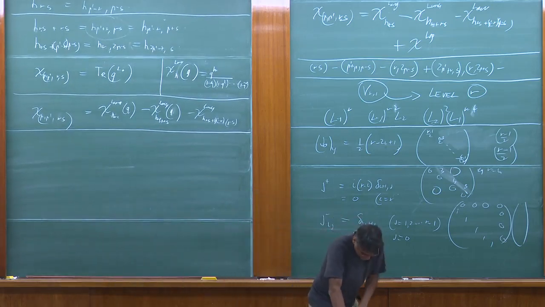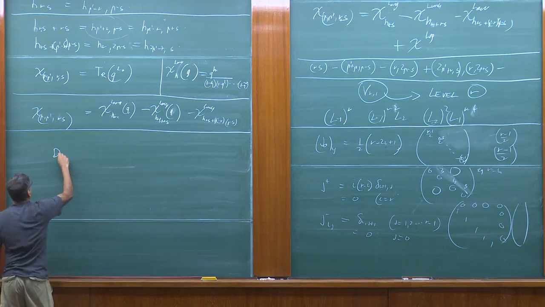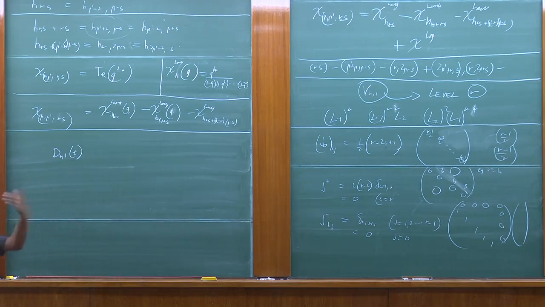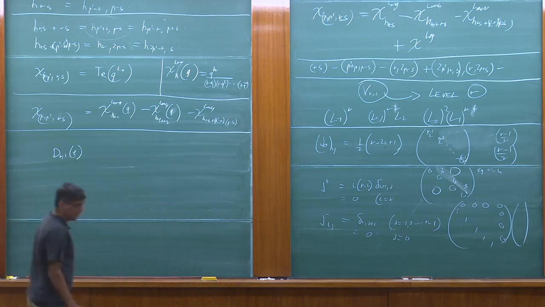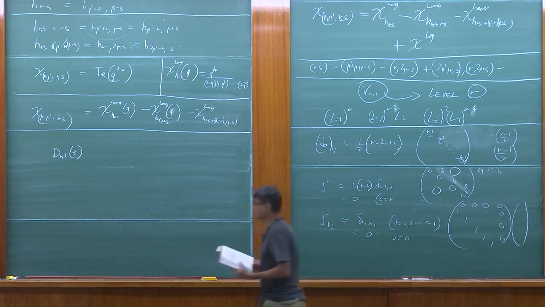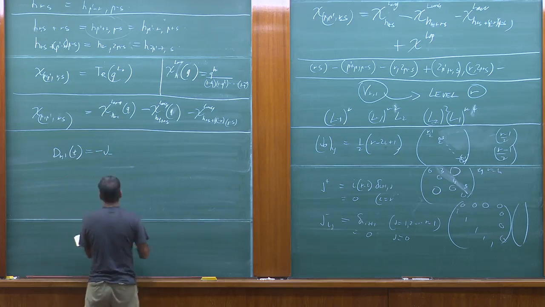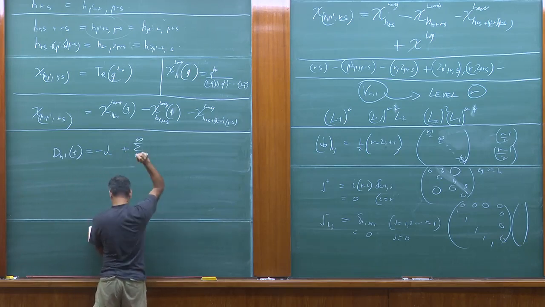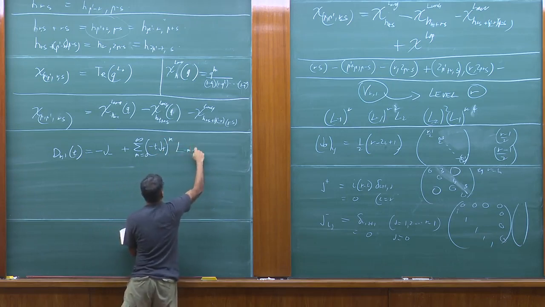With these matrices, we define the following thing. D R comma 1 of T, where T is the T from P prime by P. We define this to be minus J minus, plus the sum m equal to 0 to infinity of minus T J plus to the power m, L of minus m minus 1.